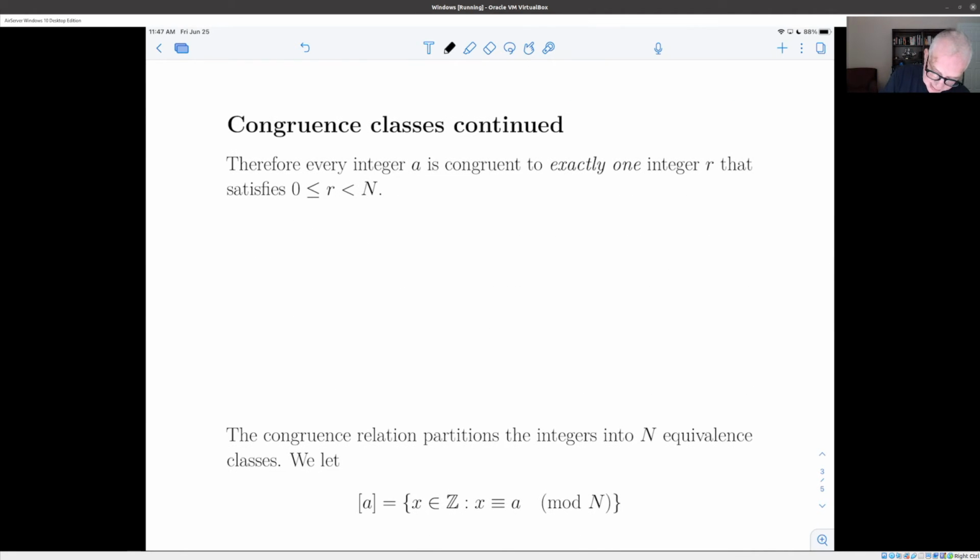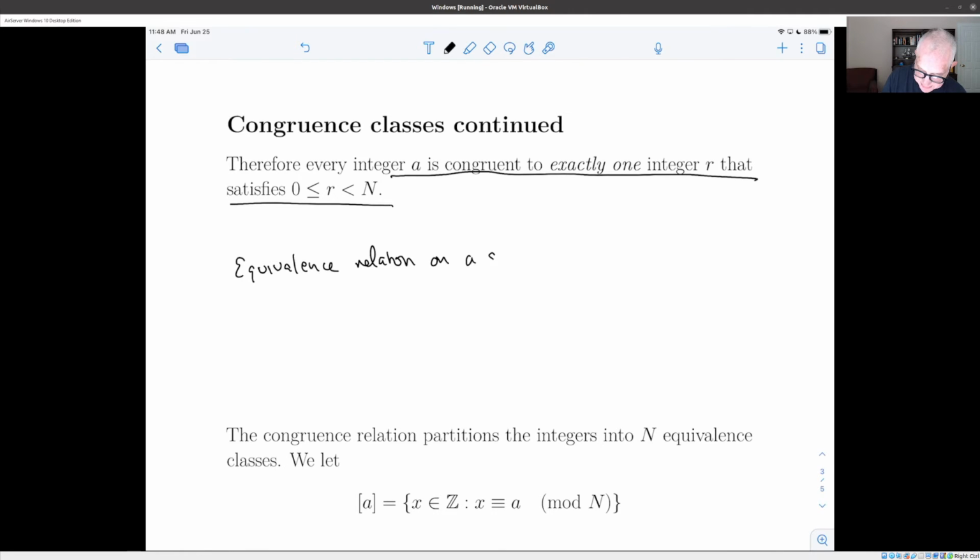So I've just restated that here. Every integer a is congruent to exactly one integer r that satisfies r bigger than or equal to 0 and less than n. And this is what you would expect for an equivalence relation, because an equivalence relation on a set X always partitions X into disjoint subsets.